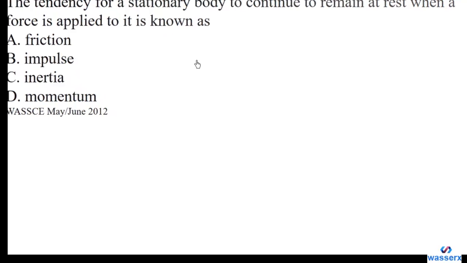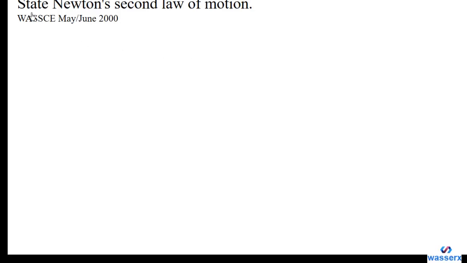Now let's look at the next question. State Newton's second law of motion. That is from WASSCE, May/June 2000.